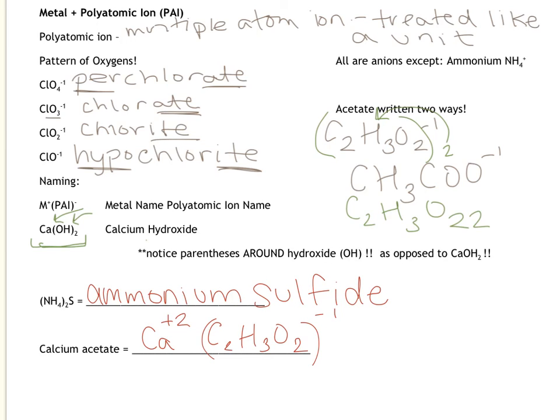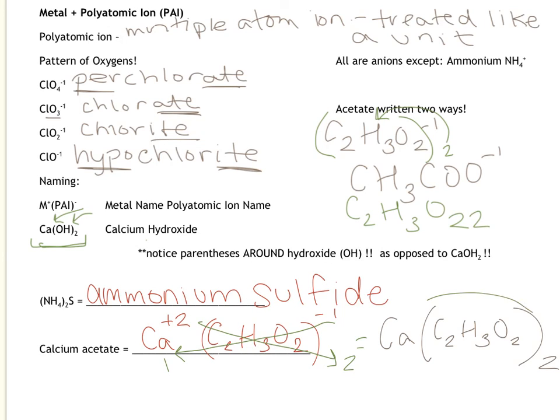So now, just like before, I crisscross my charges down, the 1 all the way to the outside of my parentheses here, the 2 all the way outside my parentheses there. And that means that I have calcium, parenthesis, C2H3O2, 2. So I have 2 acetate ions, 2 of them, that have an electrostatic attraction to my 1 calcium ion.